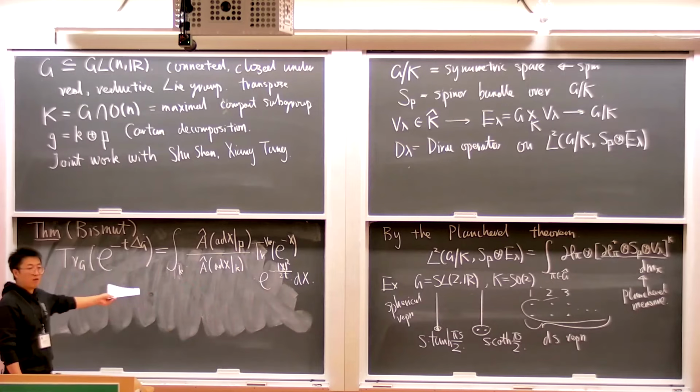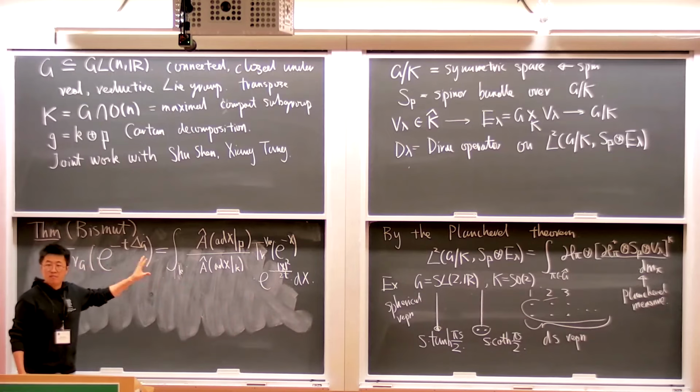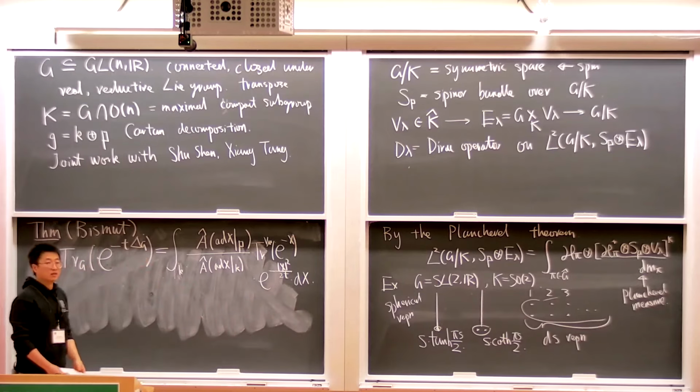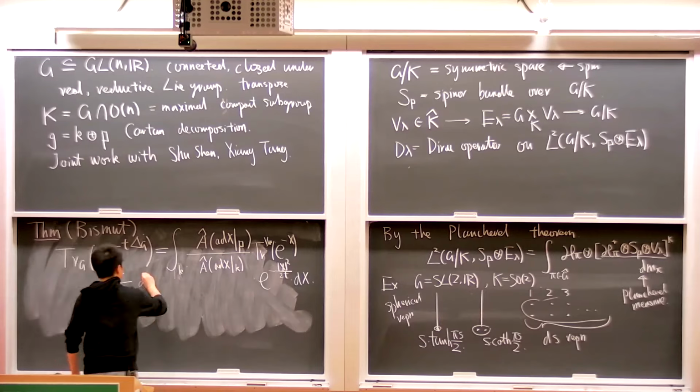I will view it as the index formula for hypoelliptic operators. That is to say, although this one has no D, there still exists some geometrical formula for this trace. And it's not surprising, since there's no spinor bundle, this one definitely depends on t.